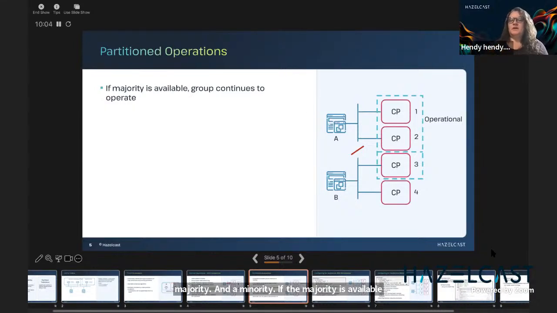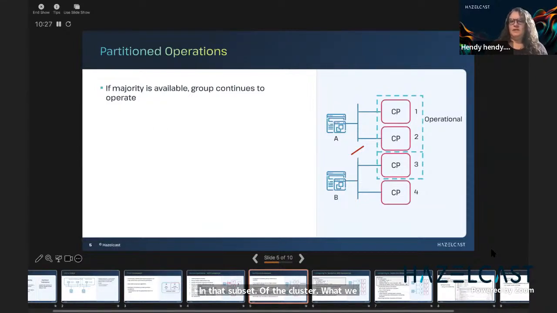So in this situation, client A is still going to have access to all the data, still going to be able to do reads, still going to be able to do writes. Everything is fine because we can still run Raft between those two group members.